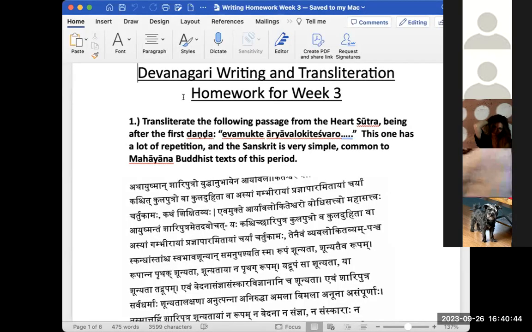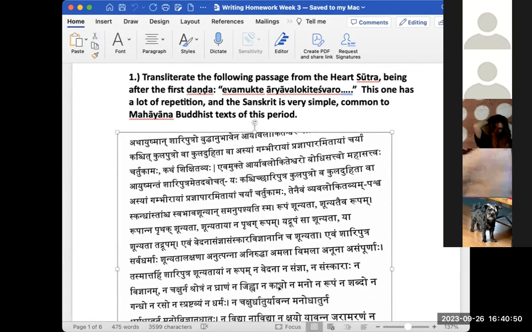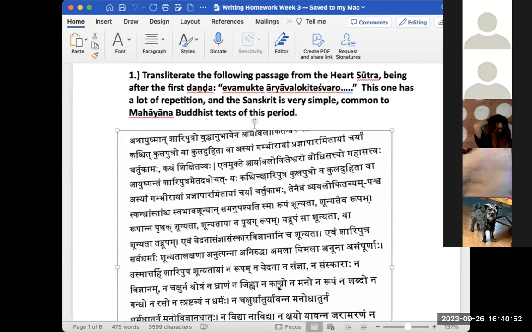There we are. Rupa Sanskrit 1 Assignments. All right. Share screen. Here, I'm going to start chanting. Well, I'm not really going to chant, but I'm going to read your homework. We are starting at Evam ukte.